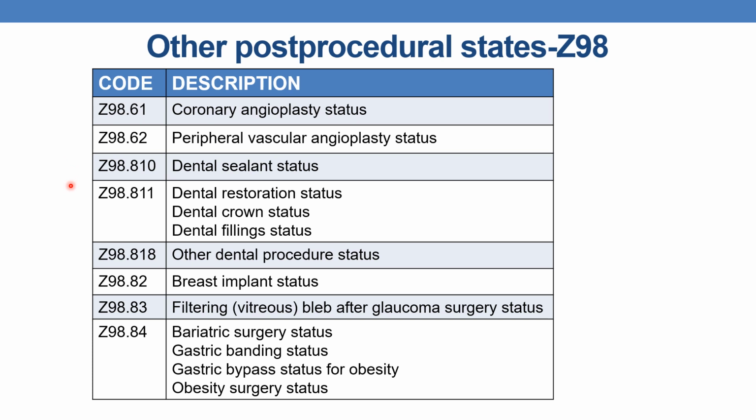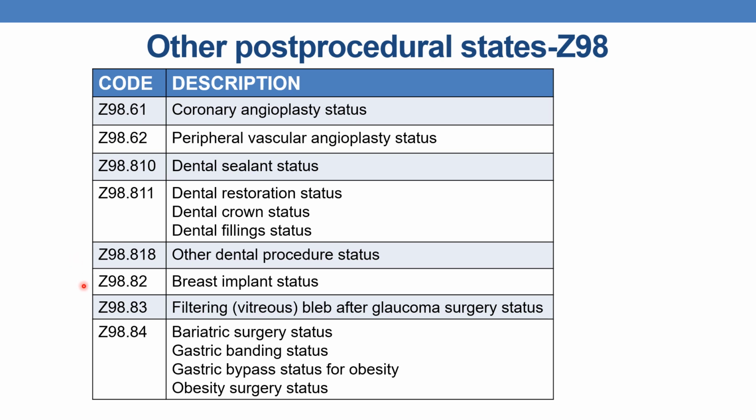And Z98.810 indicates dental sealant status. And Z98.811 indicates dental restoration status or dental crown status or dental filling status. The next is Z98.818. It deals with other dental procedure status.